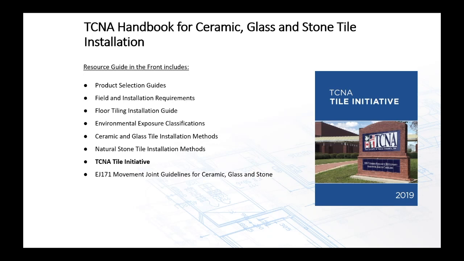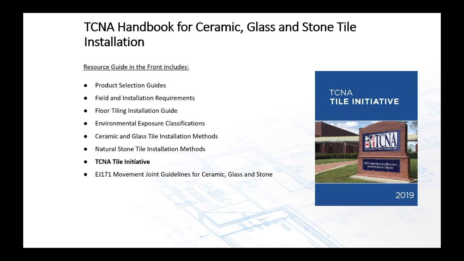In the front of the handbook, there's a resource guide, very, very helpful. Some of the best information that you'll find on the industry is in the product selection guides. In the product selection guides, there's ones for ceramic, there's ones for how to select glass tile, there are ones for stone, there are ones for mortars, backer boards, grouts, membranes, etc. So again, very, very important information.